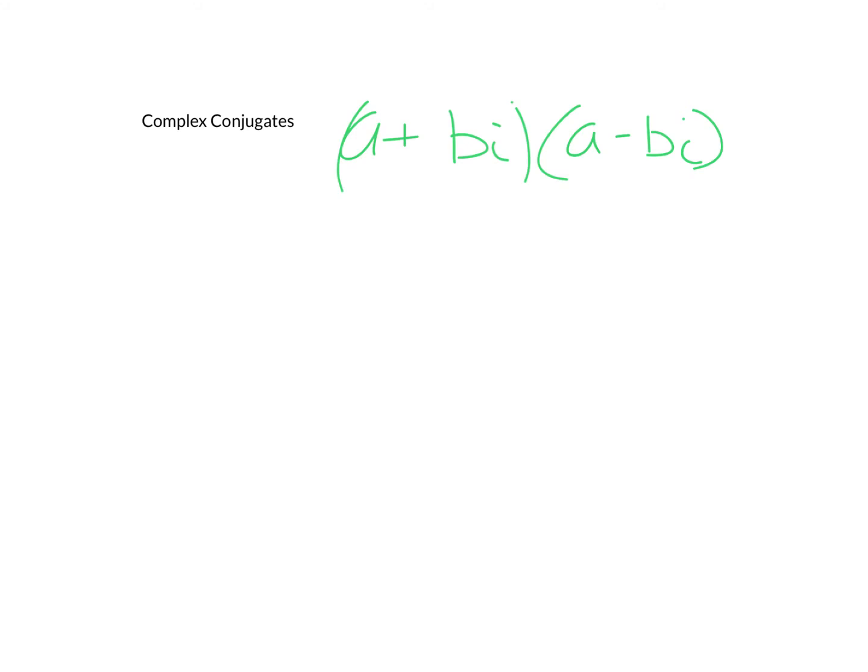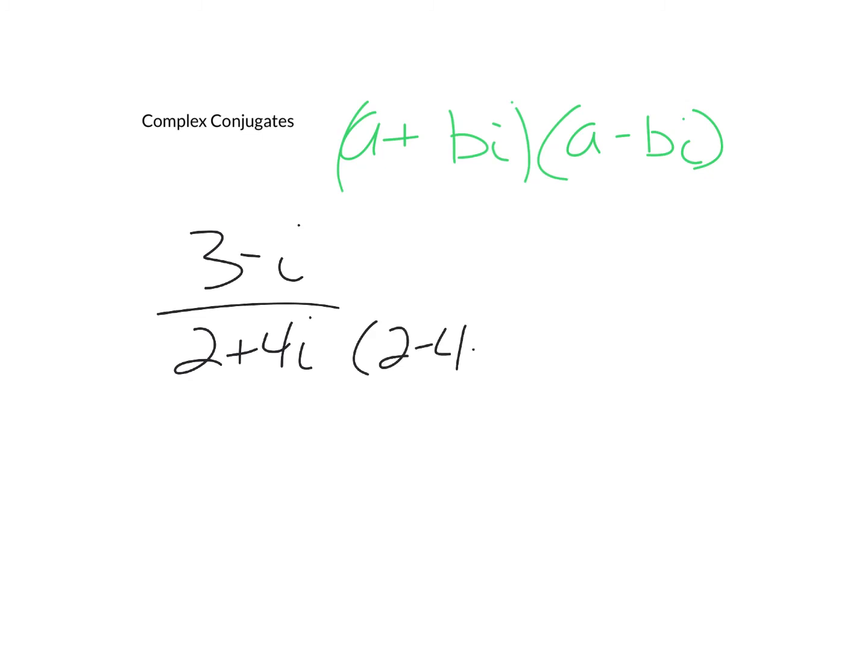So if I ask you to write this in standard form, and this being 3 minus i over 2 plus 4i, what you're going to do is multiply the top and bottom by the denominator's complex conjugate. So that's going to be 2 minus 4i. Then we FOIL.